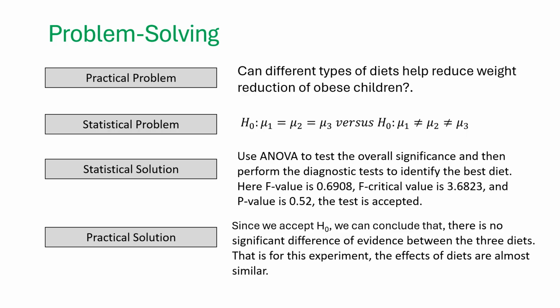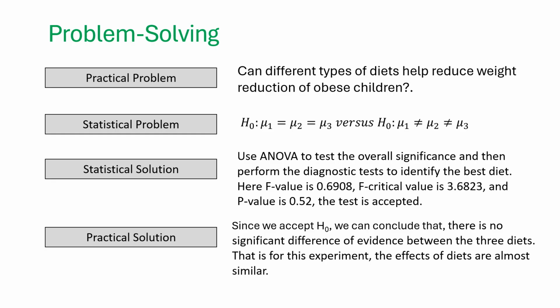So what is the practical conclusion or solution? Since we accept H0, we can conclude that there is no significant evidence of difference between the three diets. That is, for this experiment, the effects of the diets are almost similar. So there is not much difference between the diets, which means all the diets are the same.